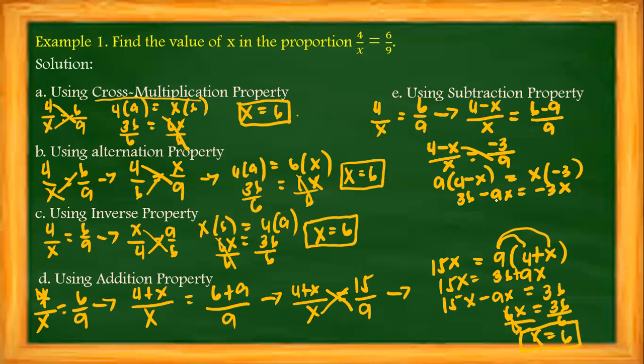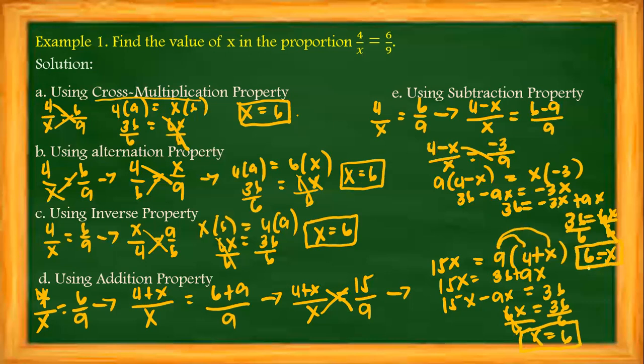So let's isolate 9x to the other side. So negative 3x. Using the addition property, it will become plus 9x. And we have 36. Negative 3x plus 9x is equivalent to 6x. Then copy 36. Then divide both by 6. 36 divided by 6, the answer is 6.